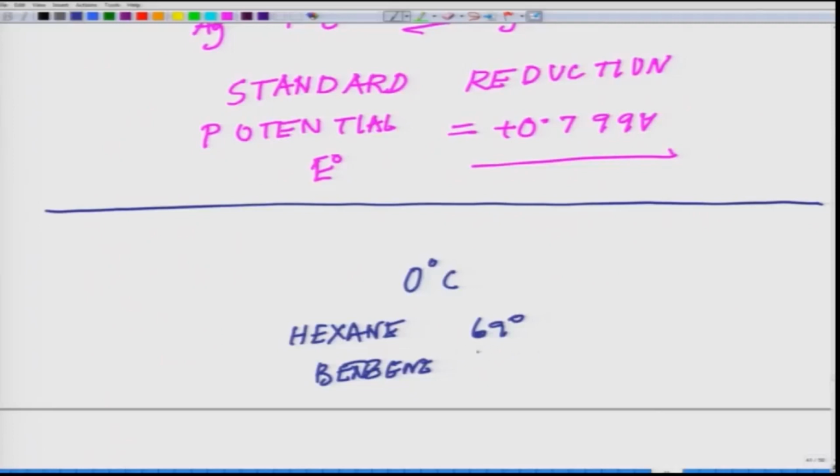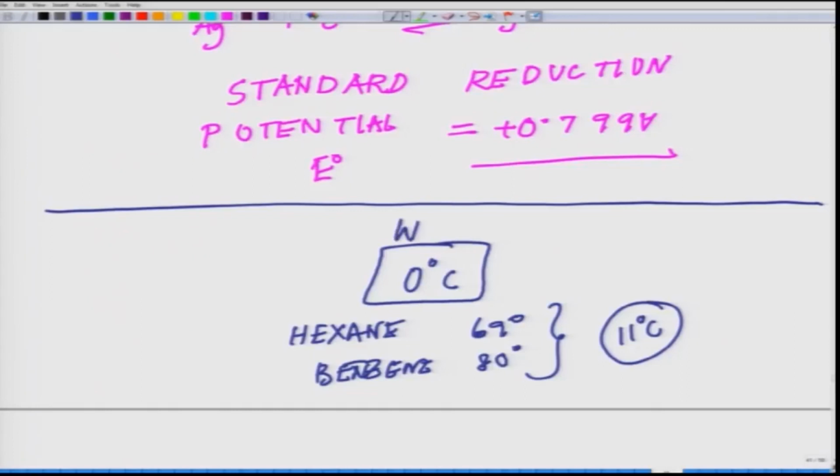Okay. So the difference between the two, what we essentially did when we have cadmium and silver electrode, the difference between the two will be 11 degrees centigrade, right. Now we are talking about water freezing happening at that point.